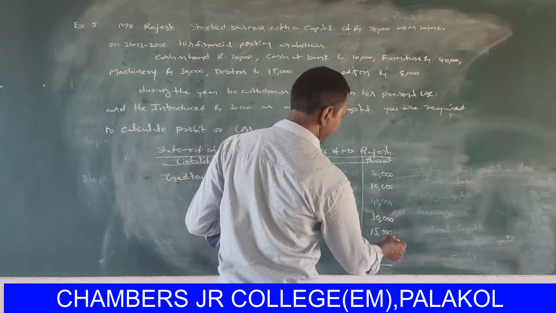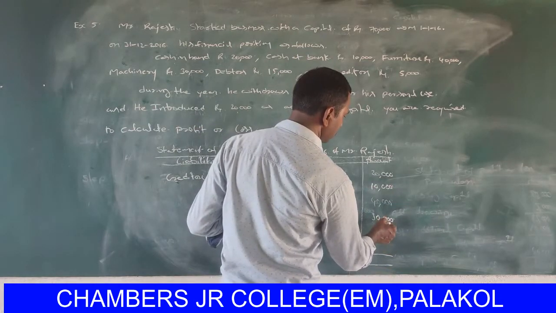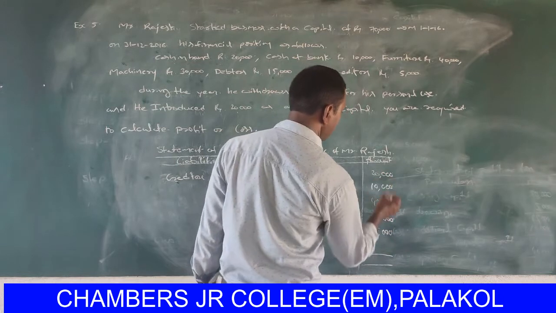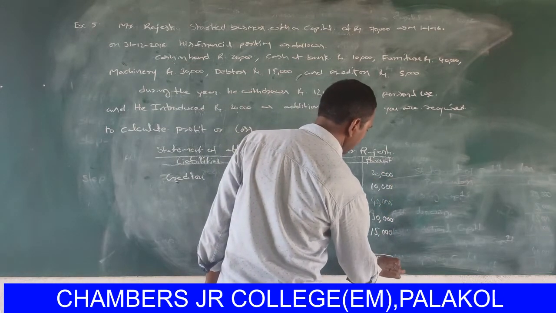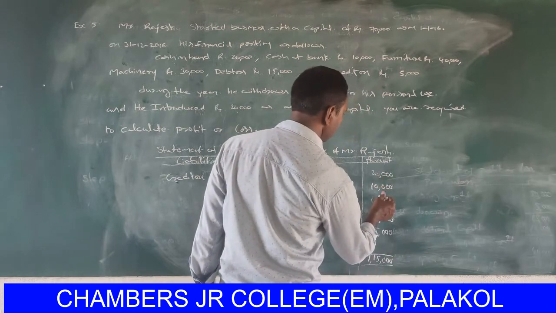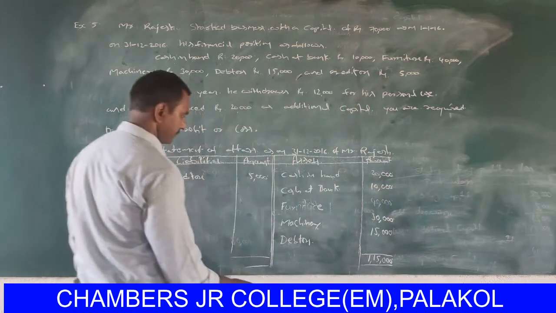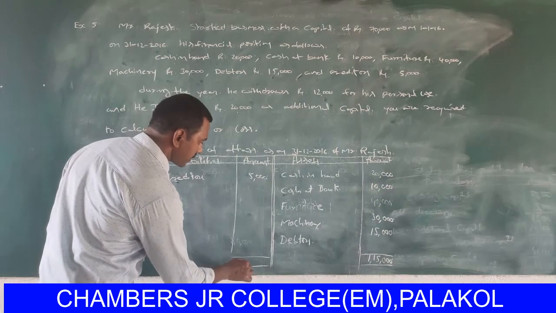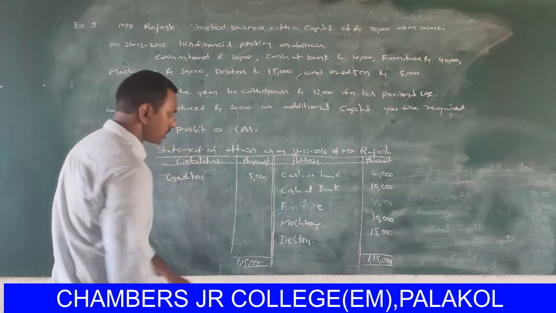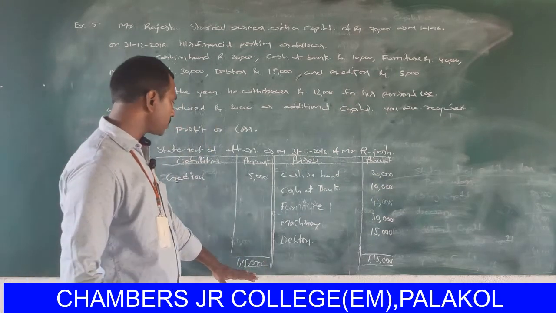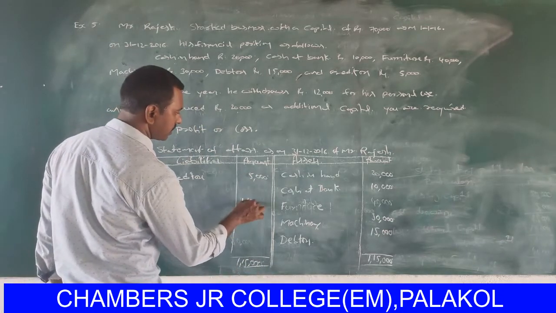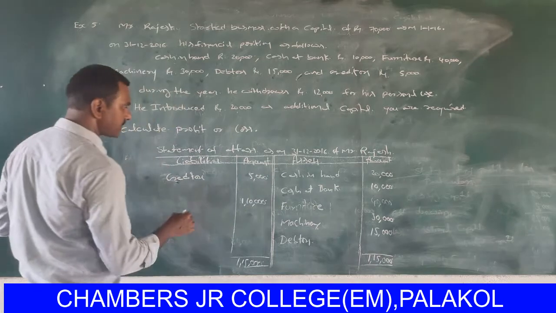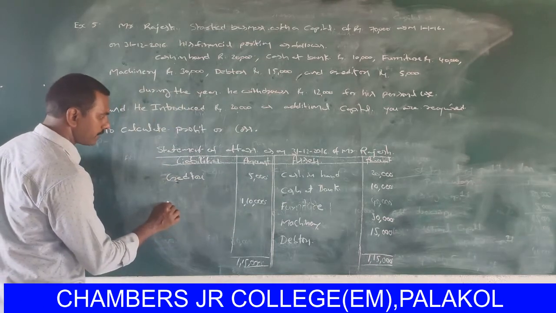Total of the asset side: 15,000, 30,000, 45, 85, 95, 1,15,000. The same total is taken here. Now the difference between 1,15,000 and 5,000 is 1,10,000. This is the balancing figure, or closing capital.